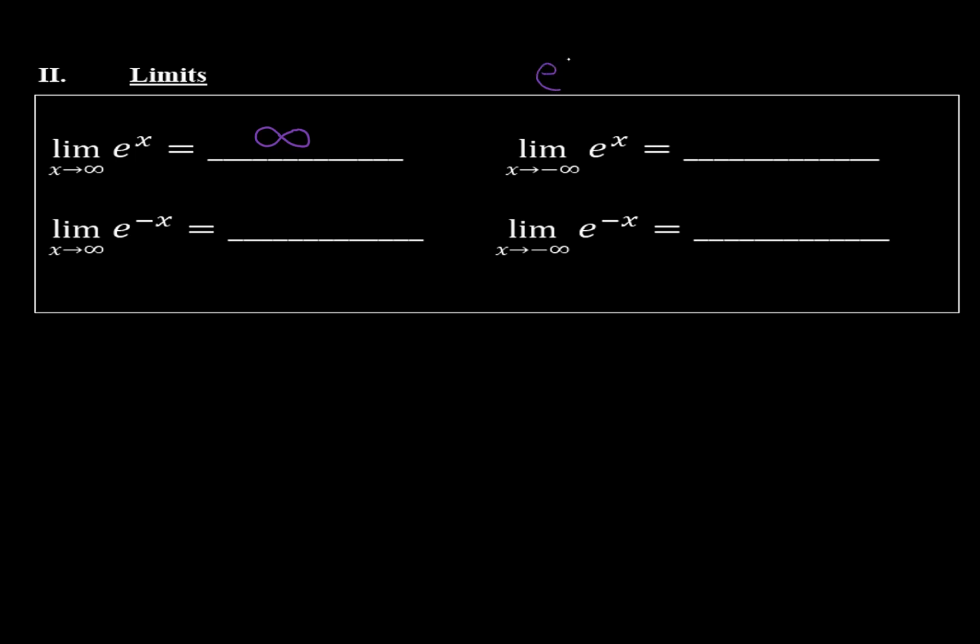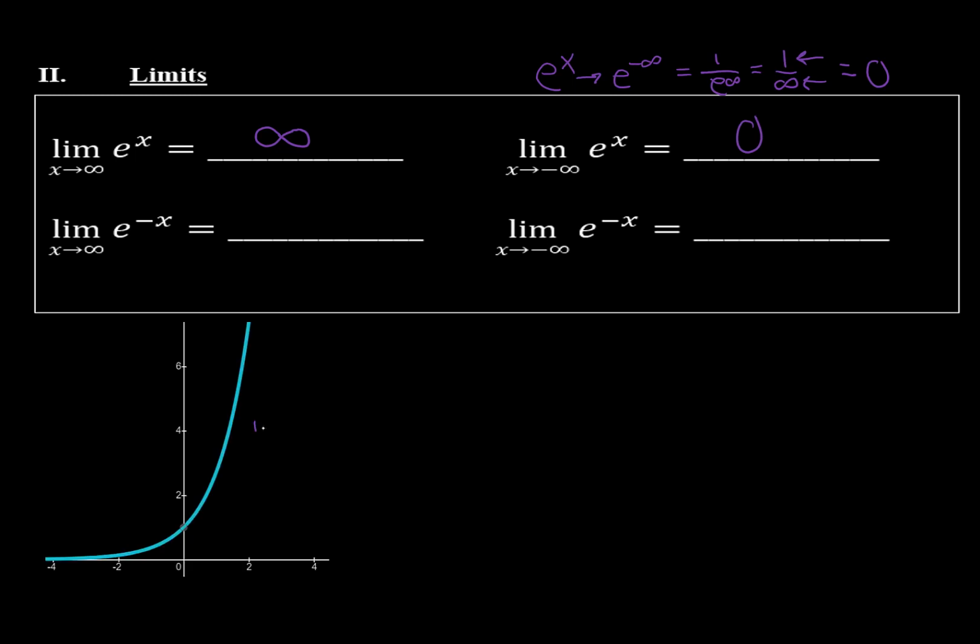If I have e to the x, but my x is a negative infinity, this would be like saying 1 over e to the infinity, which is like saying 1 over infinity. And if I have one piece of cake and infinitely many pieces I'm going to try to cut it up into, think about this from our previous limits, that's going to give me 0.